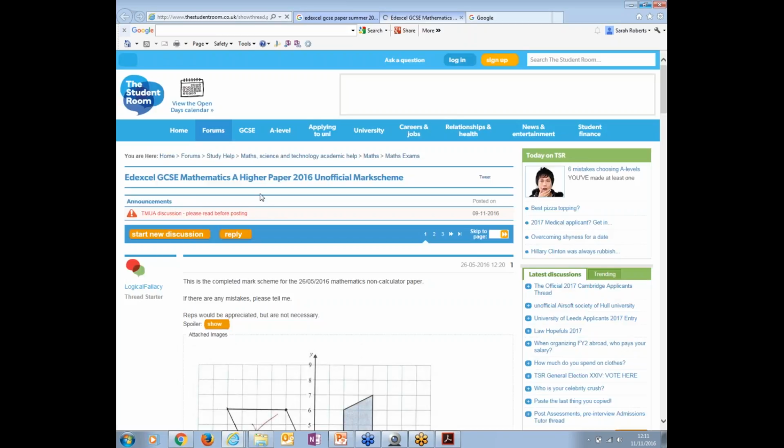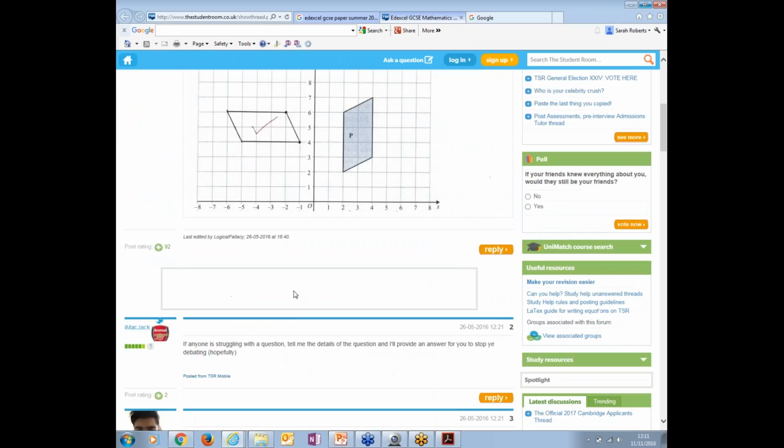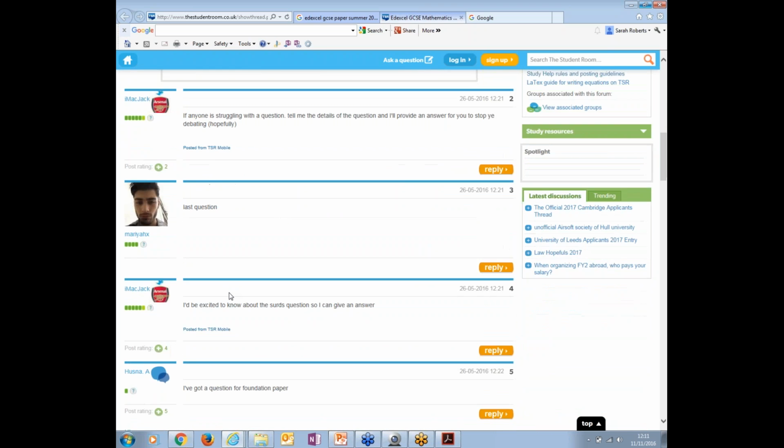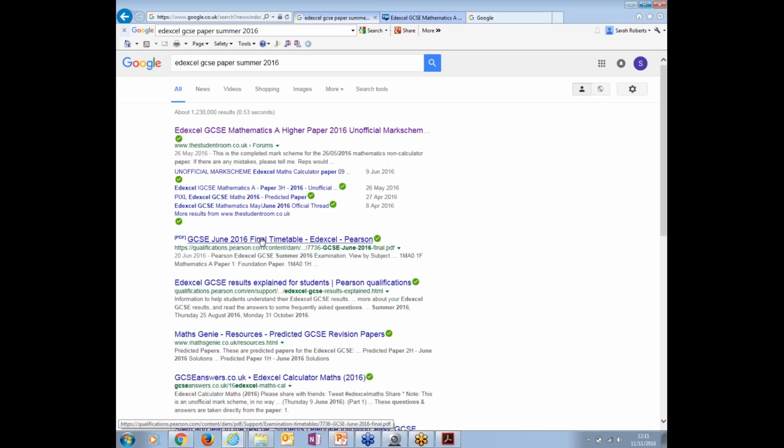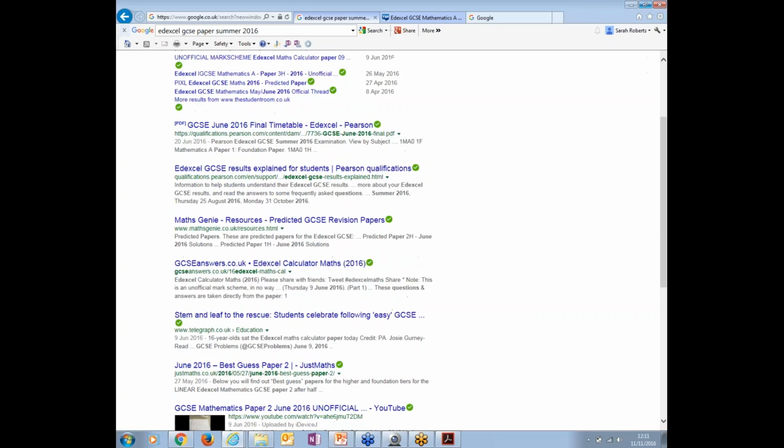It's always tricky without official logins, you can't get the papers, which is a bit annoying. There are the predicted papers, but no one's actually put up the actual one from this year.